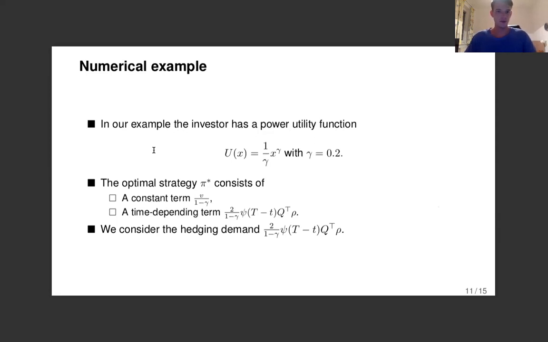As you remember, the optimal strategy pi star consists of two terms, one constant term depending on the risk premium, and a time-dependent term, the so-called hedging demand, which depends on the solution of the Riccati-Volterra equation psi, the volatility matrix Q, the correlation rho, and of course the parameter gamma. So in our example, we are going to simulate the hedging demand, and let's have a look at some results.